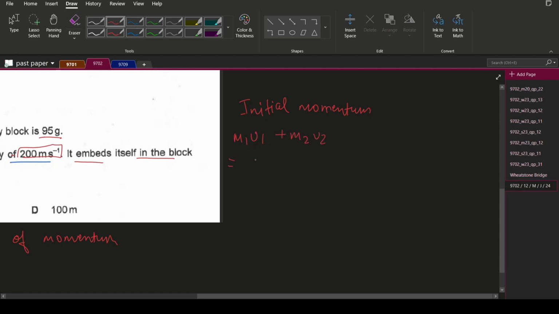So m1, let's take it as the pellet. That is going to be 5 grams times the initial velocity, 200, plus m2, the block, 95, but as it is stationary, its velocity is 0. So the total momentum we have now is 1000 Newton seconds. Now what we know is that final momentum is equal to initial momentum.